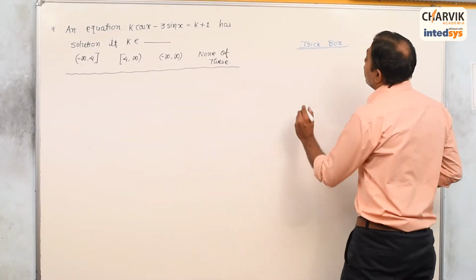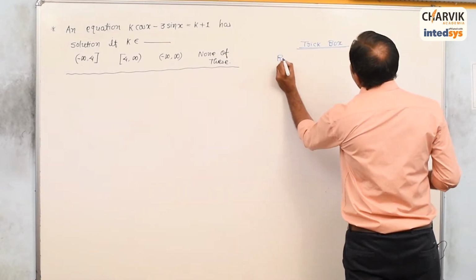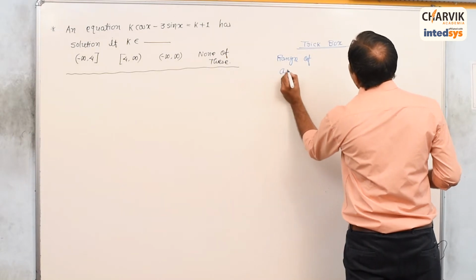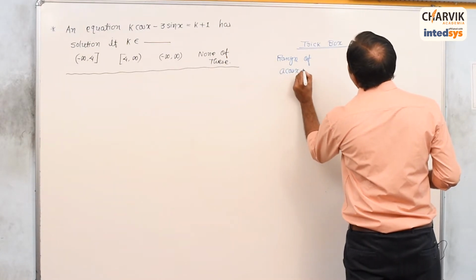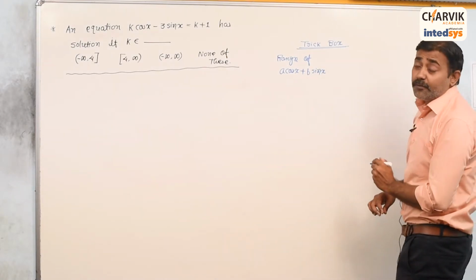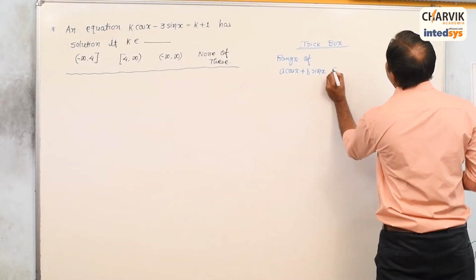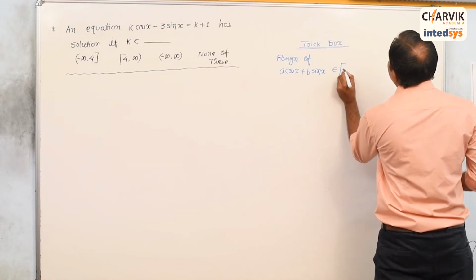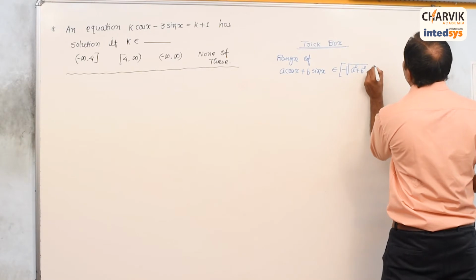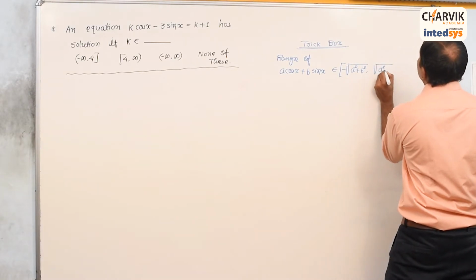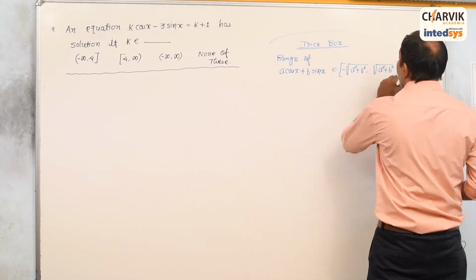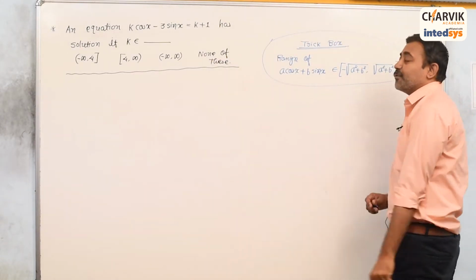Remember that the range of the function a cos x plus b sin x is minus under root a square plus b square to plus under root a square plus b square. So this trick is applicable in this example also.